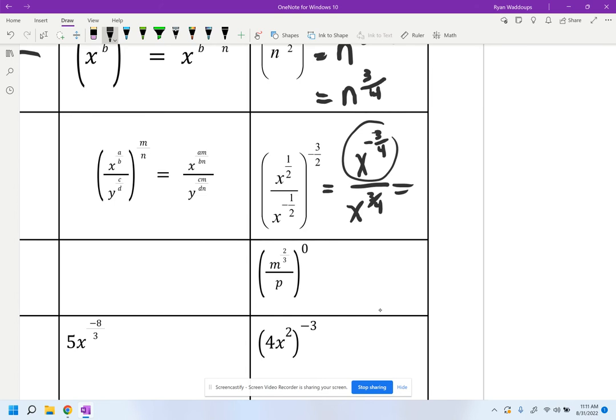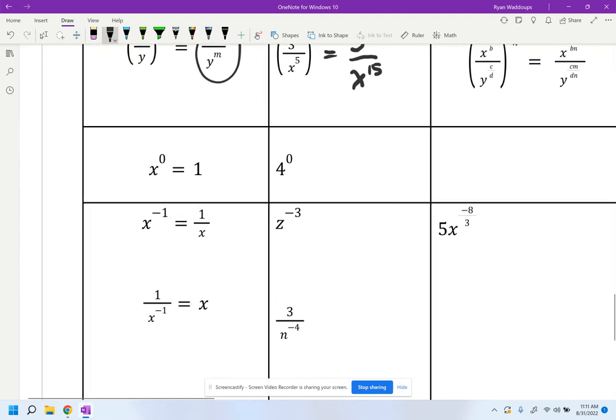So we'd have 1 over x to the 3/4 plus 3/4, and that would be 6/4. And you could simplify that to 1 over x to the 3/2 power. Like any fraction, you can simplify the fractions. You should. All right. 0 exponents.